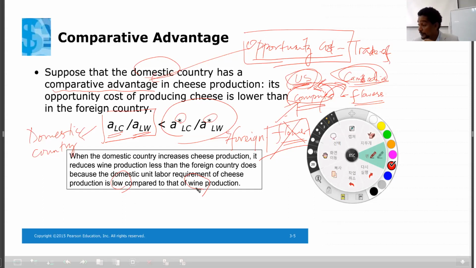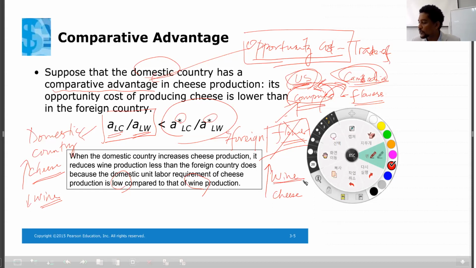So now the domestic country will produce both cheese and wine, but they will produce more cheese. Okay, more cheese, and the foreign country produces more wine. Okay, less cheese here, but here less wine. Okay, so the quantity of cheese should be higher here, and the quantity of cheese should be lower there.